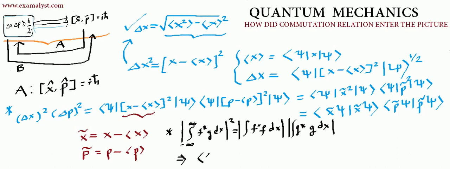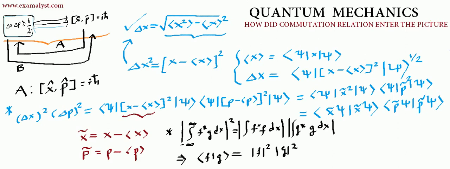F conjugate means f will be on the bra side and g will be on the ket side. That is less than or equal to mod of f square, meaning imagine the integration is already there and there will be f star f, and this will be mod of g square. Agreed?